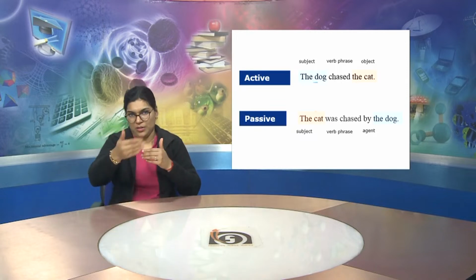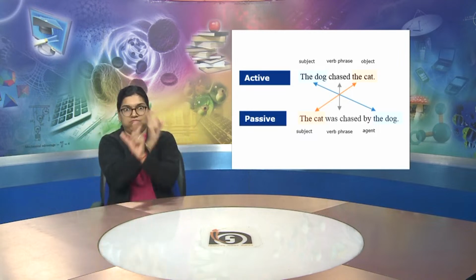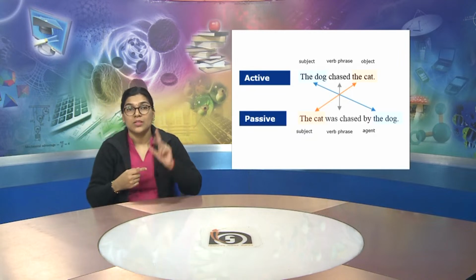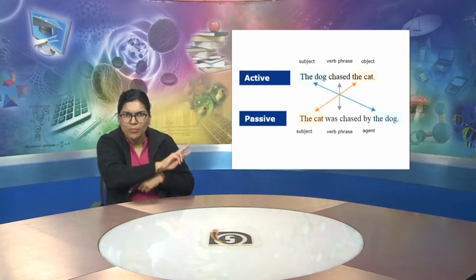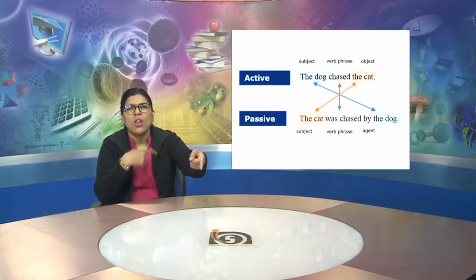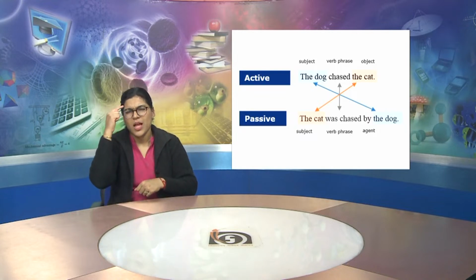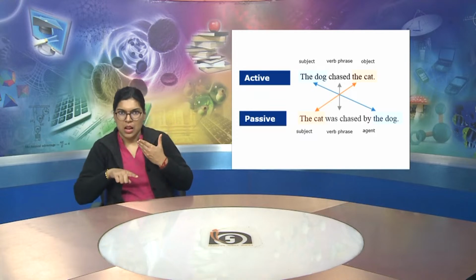Now if we talk about the passive, just see further. In the passive statement, the subject and object placements are interchanged. The cat comes at the subject's place and the dog comes at the object's place.